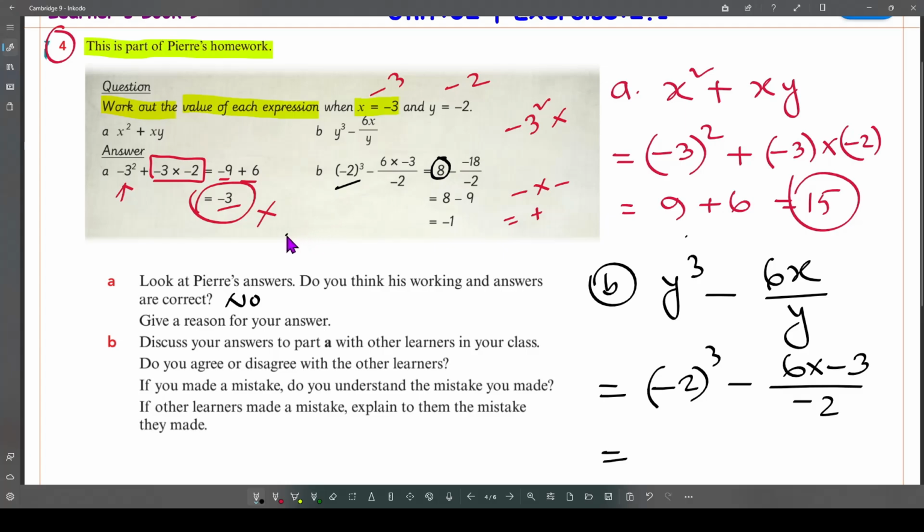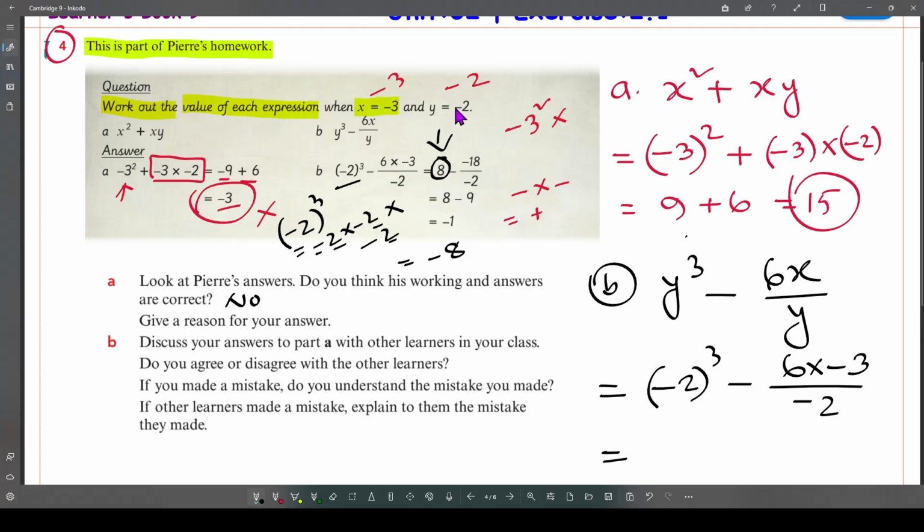But look, minus 2 cube means minus 2 times minus 2 times minus 2. So 2, 2, 2, once we multiply it will become 8, but minus times minus is a plus, and plus times minus should be minus, but he wrote only 8.